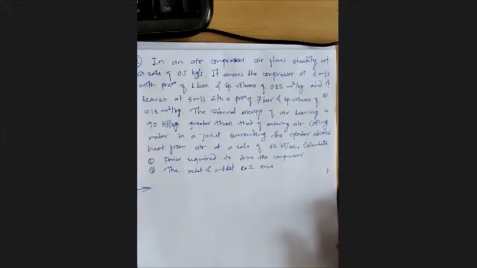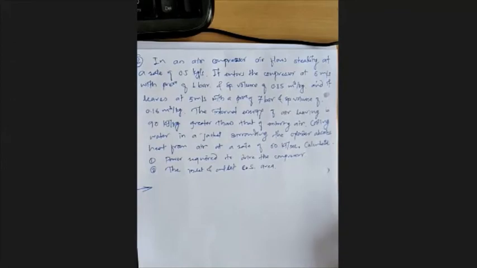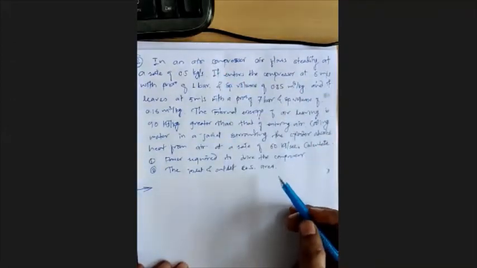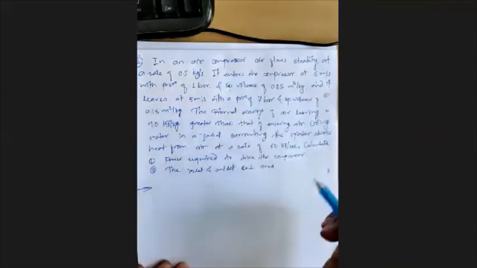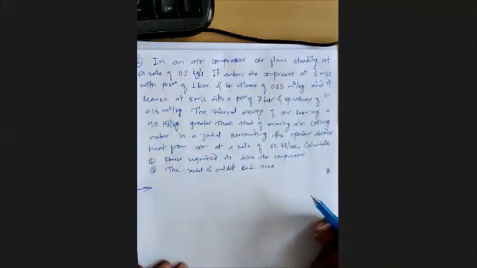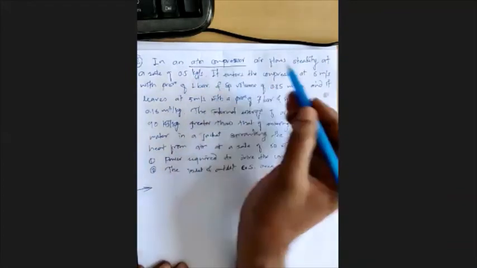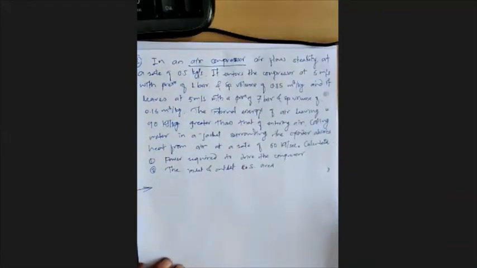So let's begin with reading this statement and note down the given data. Here, the first thing that we need to identify is the device so that we can apply steady flow energy equation. As you start reading, you will get that the device is an air compressor, right?